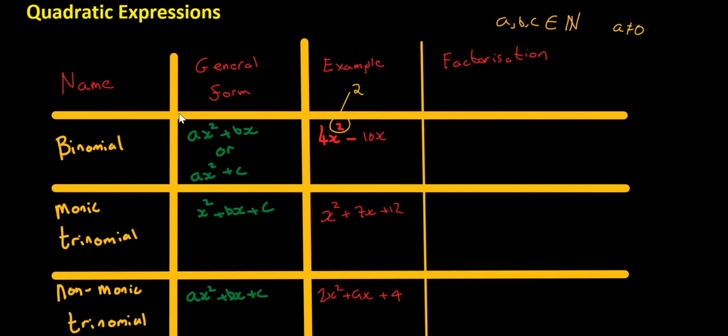If we had something like 4x cubed minus 6x squared, this is referred to as a cubic. If we have 4x to the 4, that's quartic, quintic, and then after 5 we just use polynomial.